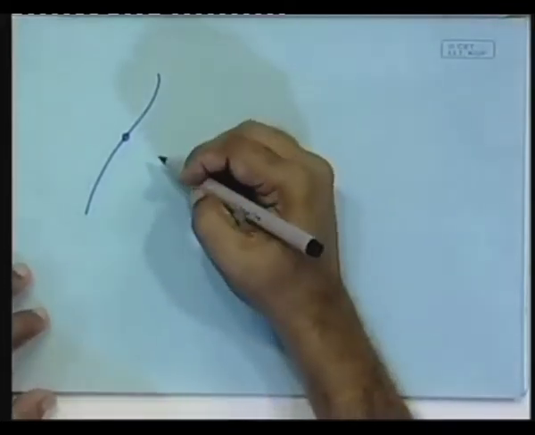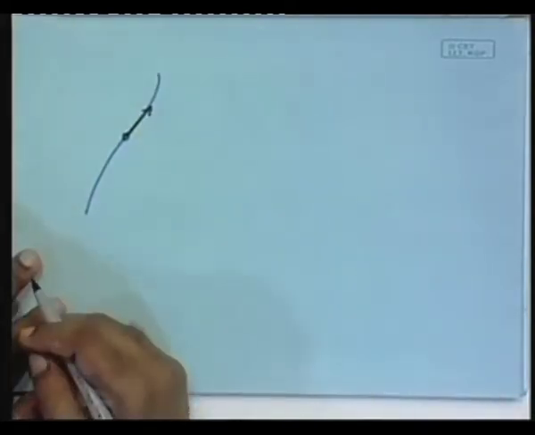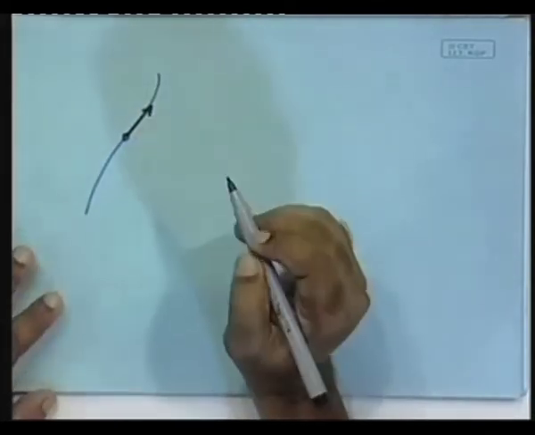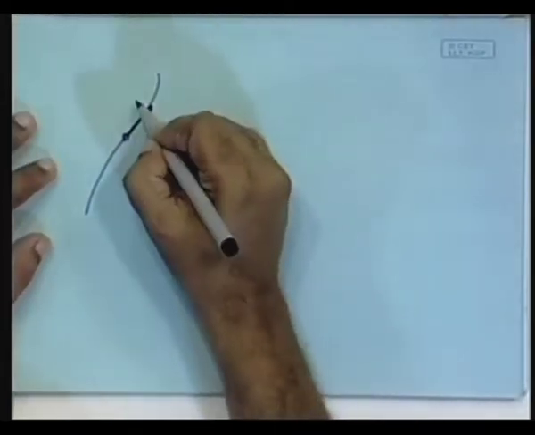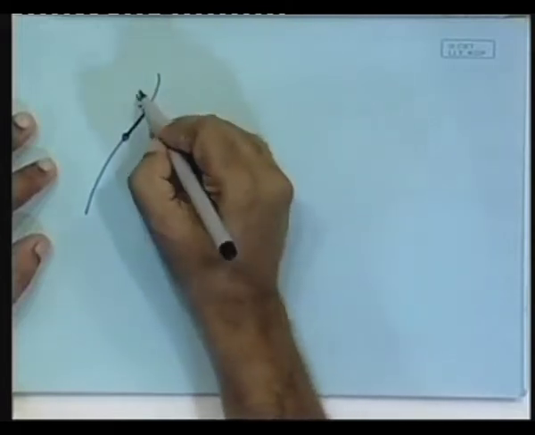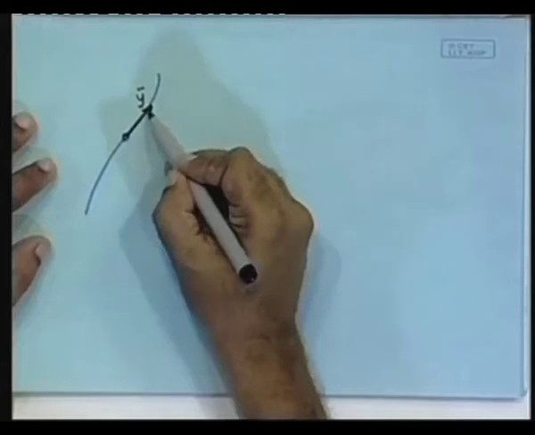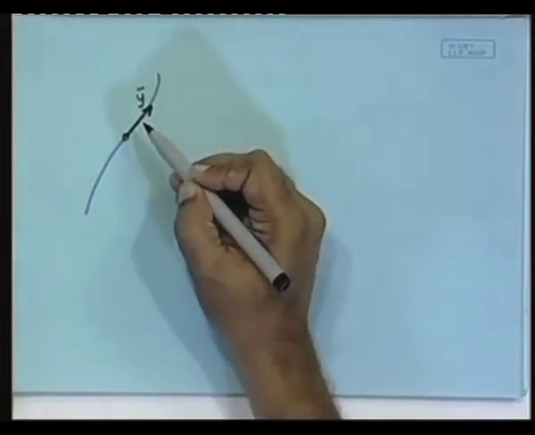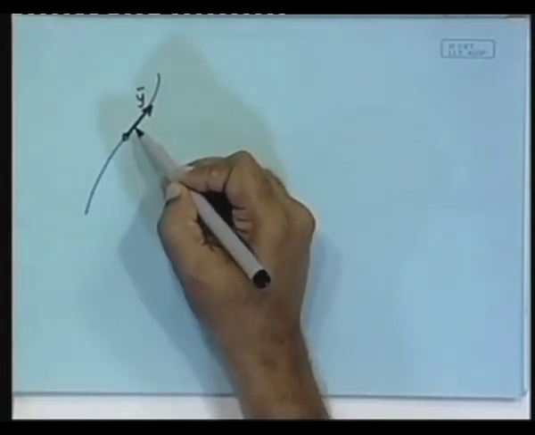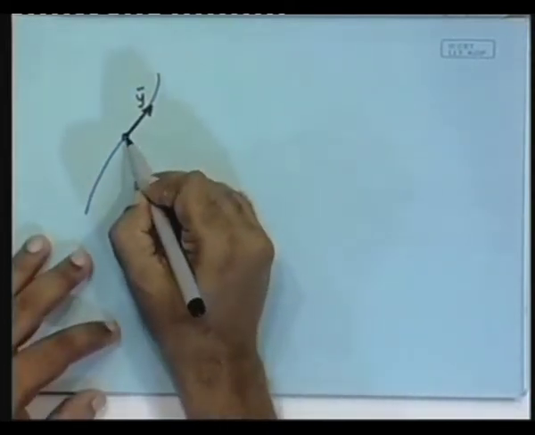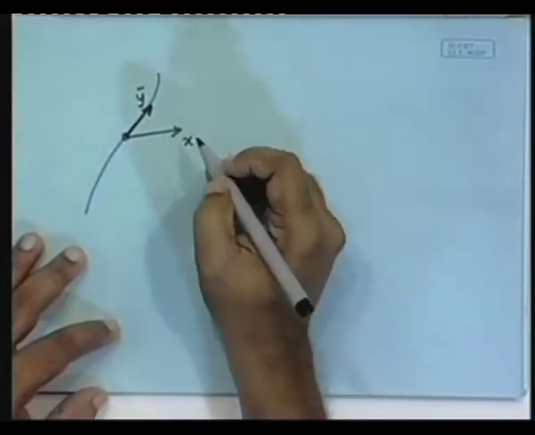We define that the tangent along this direction, let that be called my new y coordinate. Now if you have this and you have the map already, then you can find out where this vector maps. So suppose this vector maps to some place like this. Let that be called the x.